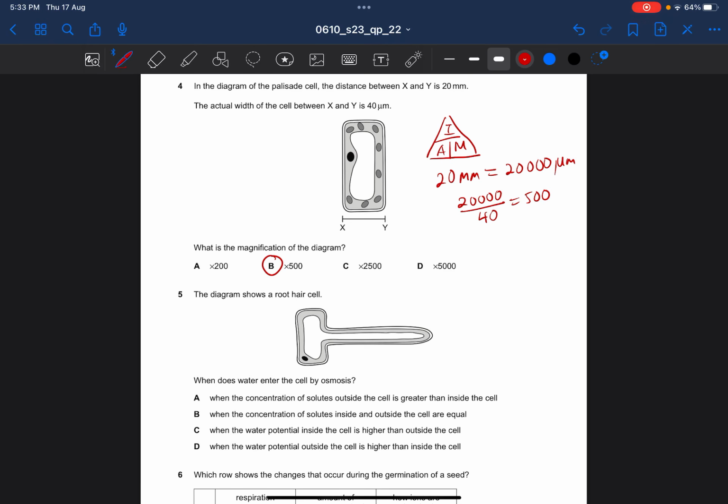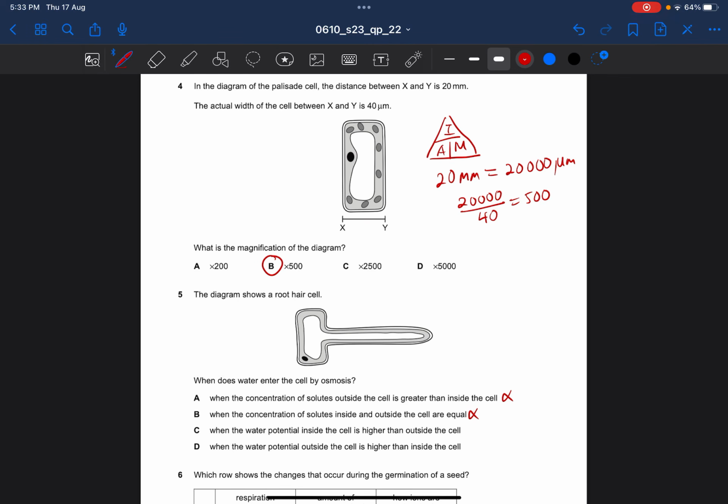Okay, next one. Question 5. The diagram shows a root hair cell. When does water enter the cell by osmosis? So when the concentration of solutes outside the cell is greater than inside the cell, nope. When the concentration of solutes inside and outside the cell are equal, nope, because water has to go out, and osmosis is only about water potential.